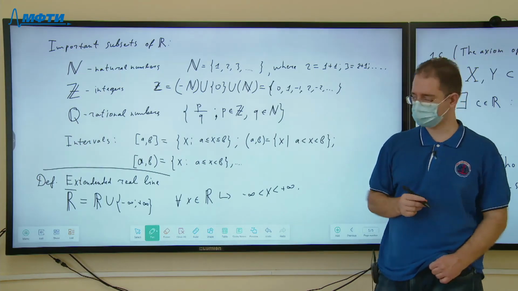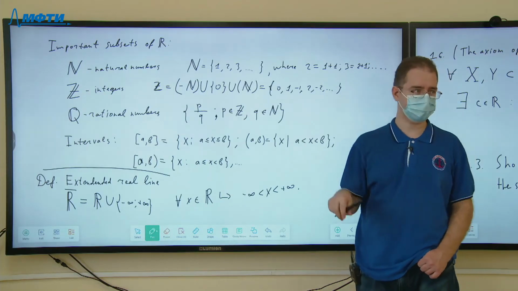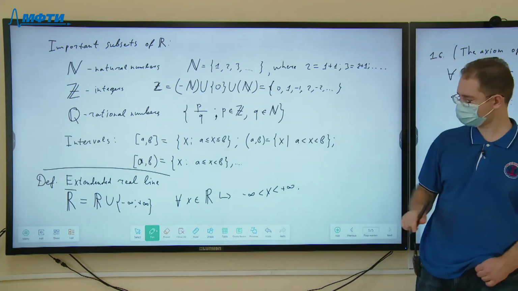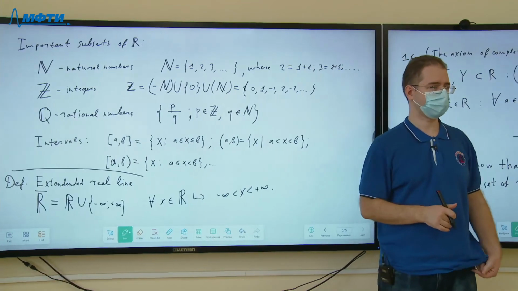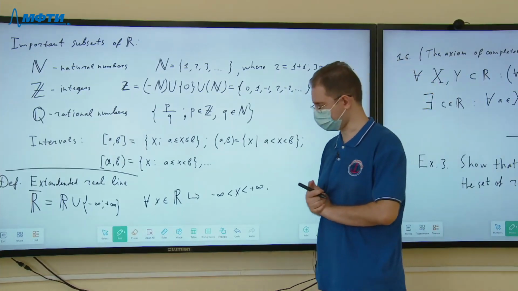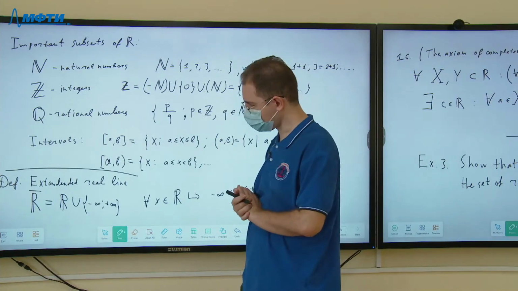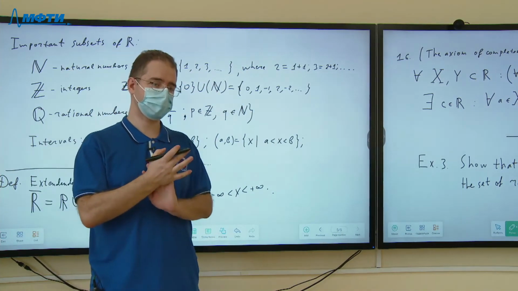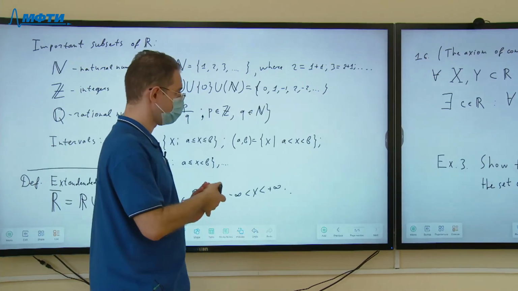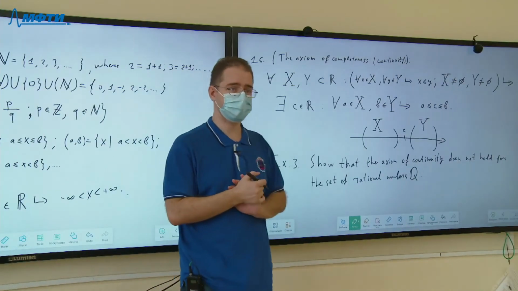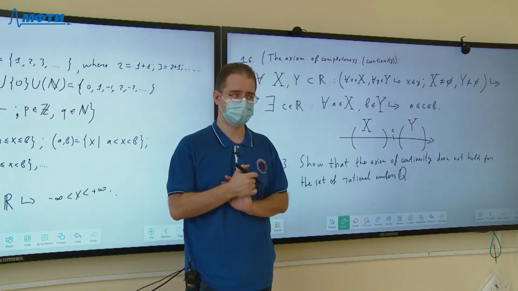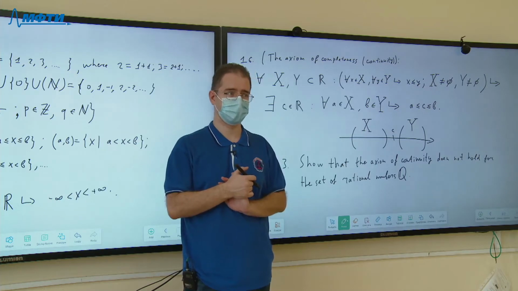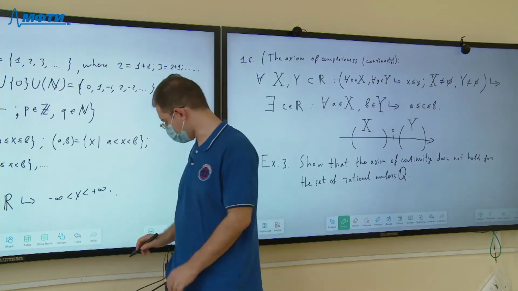We cannot add and multiply by infinities, but the inequality relation is defined. So this is real numbers and extended real numbers. Any questions so far? Moving on.